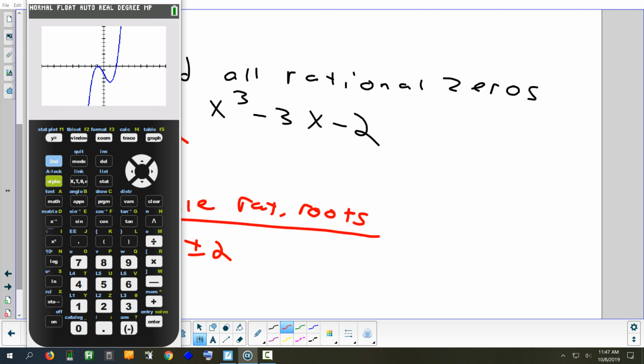A double root, meaning this root occurs twice. Like if you factored it, it'd be x plus 1, x plus 1. So my guess really quick when we find all the rational roots is it's going to factor as x plus 1, x plus 1, x minus 2. Okay? Just by looking at the graph.